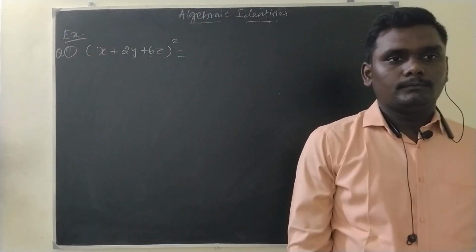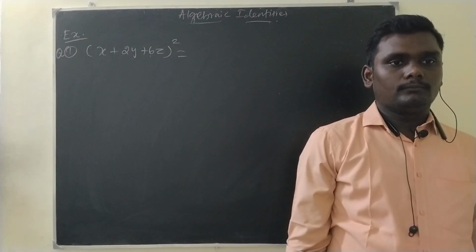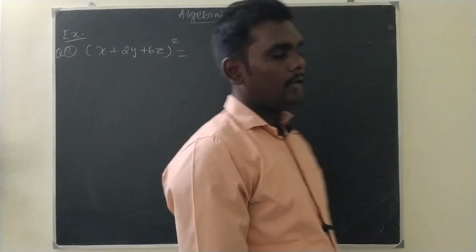Question number 1. X plus 2y plus 6z whole square. What identity can be applied here? A plus B plus C whole square.